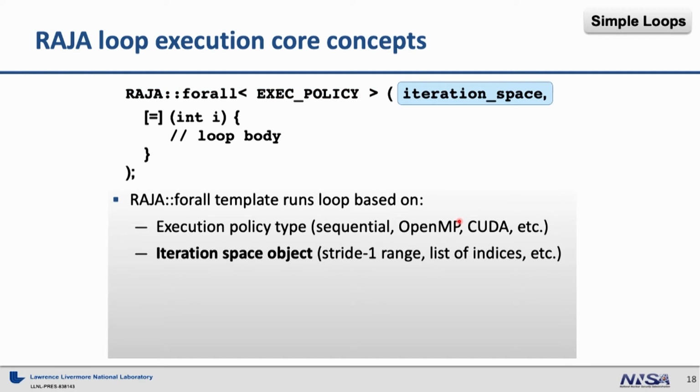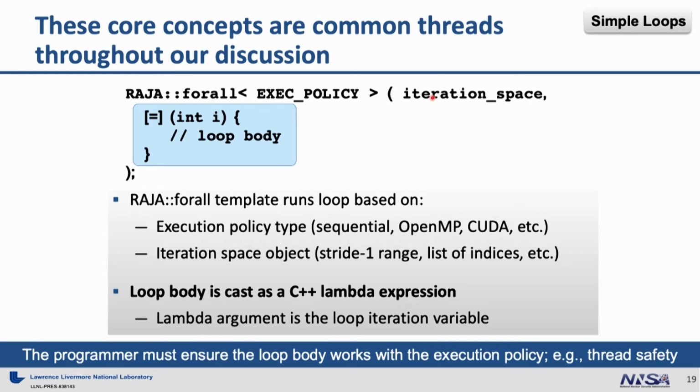And the iteration space that you provide to the forall is basically the indexing that you want to happen over this. That iteration space translates to the int i over here, and you use the integer i that you pass into the lambda to iterate properly over your loop.